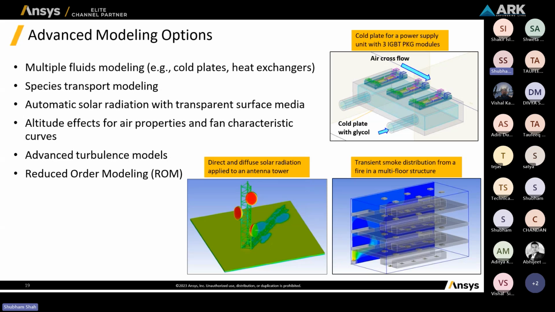You can select the different solar models as per the application. All the properties will be fetched directly through the models and the solar load calculator. These are a few of the advanced characteristics for the solar model, and advanced turbulence models are also available, which I shared in the previous slides: K omega SST, Lens model, and other K epsilon models.